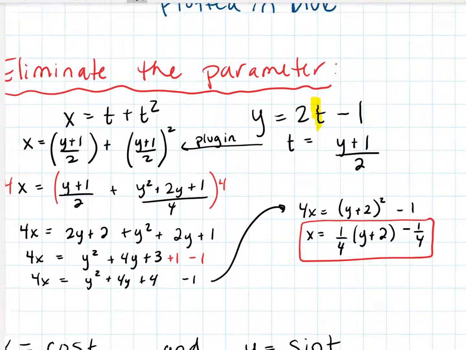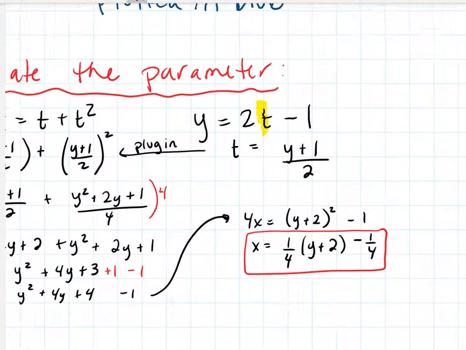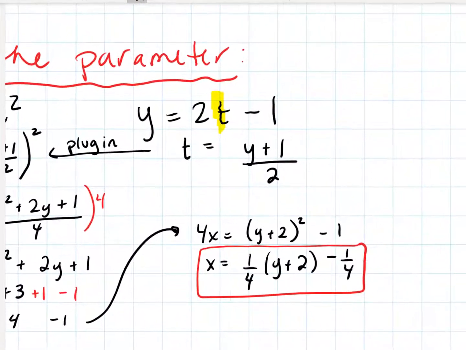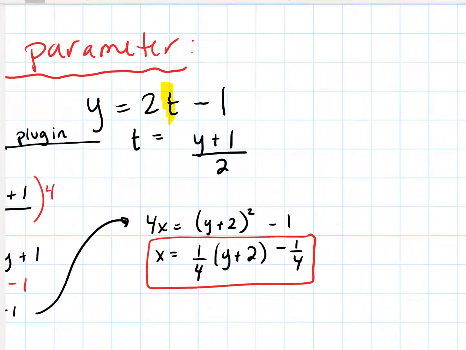We had this version of it above, but this is in a really nice form, and if I were to want to graph that, it's a great form. Going back to conic sections and parabolas, we can identify from that form that this is definitely a parabola that opens to the right.